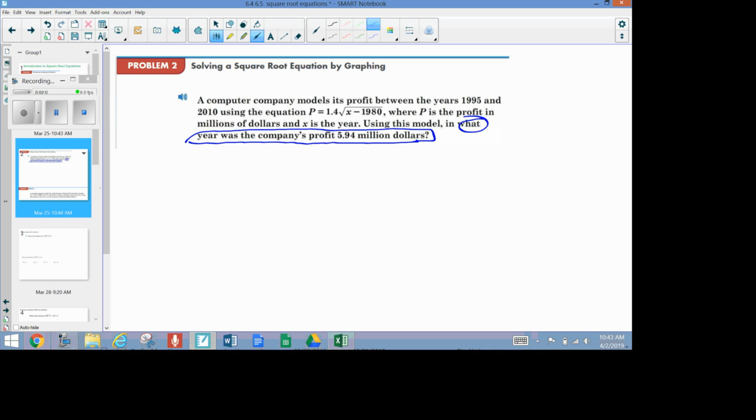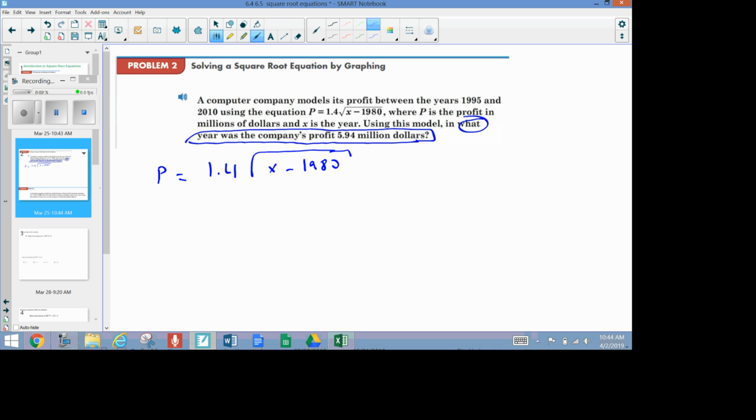The computer company models its profit between the years 1995 and 2010 using that equation. So let me write it down. P is equal to 1.4 times the square root of x minus 1980. P is the profit in millions of dollars, and x is the year.